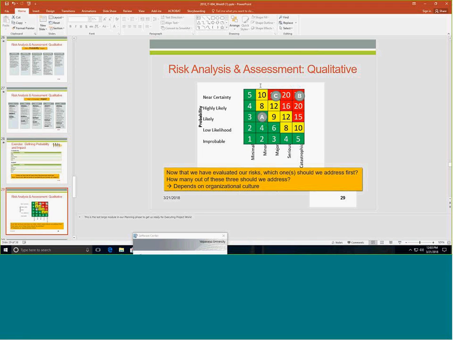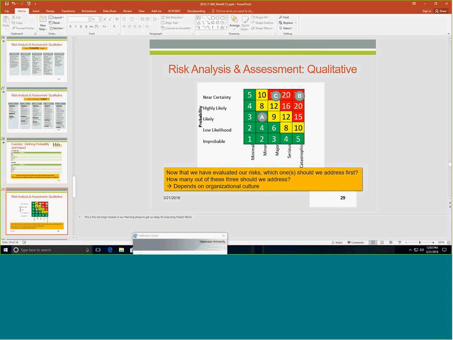Risks here, like my risk A, as you can see, has a minor impact and a likely probability. My risk B has a high impact and a high probability. C has a major impact and a near certainty probability.